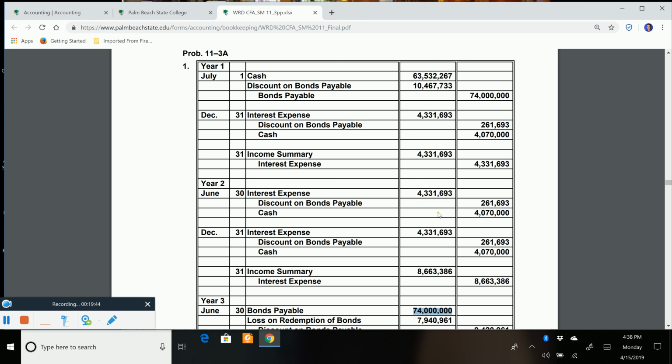If you take your $10,467,733, let's do the math. $10,467,733.